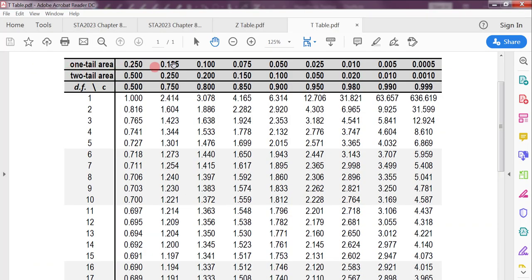So we have a one tail test, alpha equals 0.05, and our degrees of freedom is 7. So right here is our critical value. Right here actually, degrees of freedom 7, so it's right here under one tail 0.05, so it's 1.895.